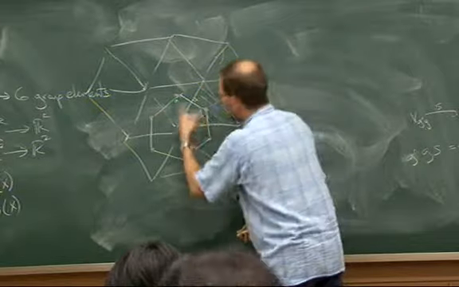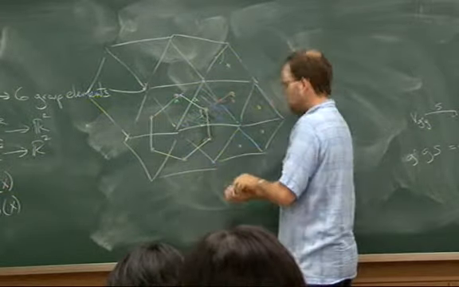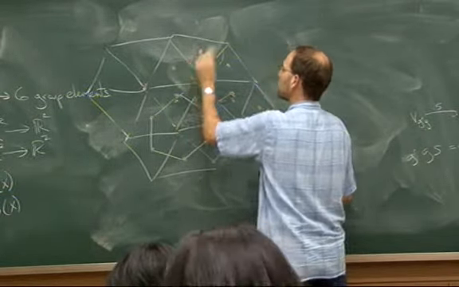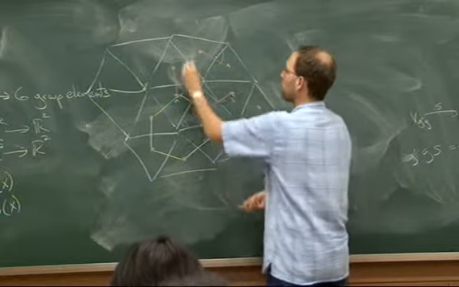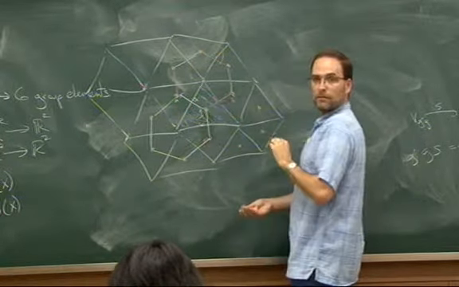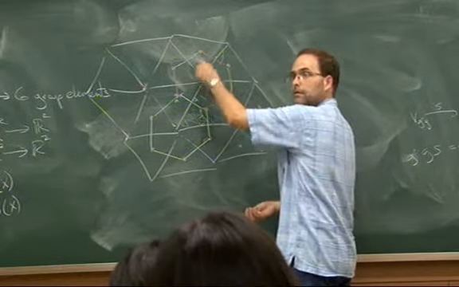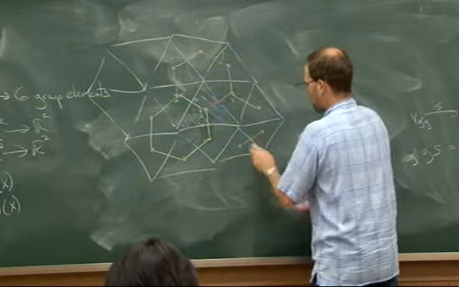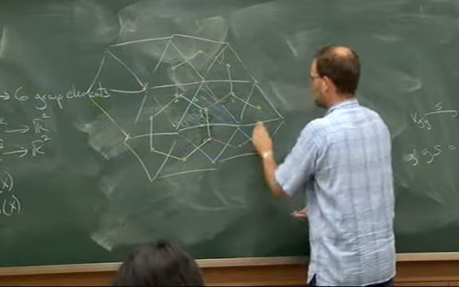And so once you recognize that, what's going to happen up here? Right? It's going to be a green-red hexagon. And then over here, red and yellow.